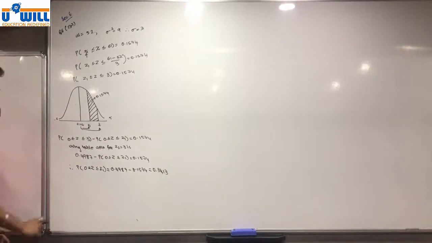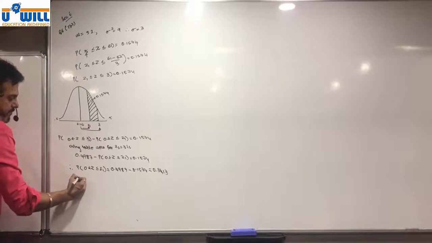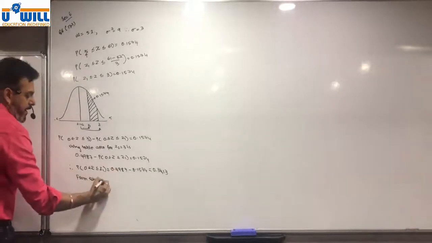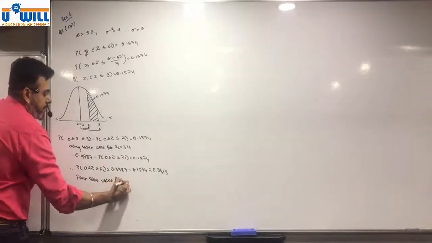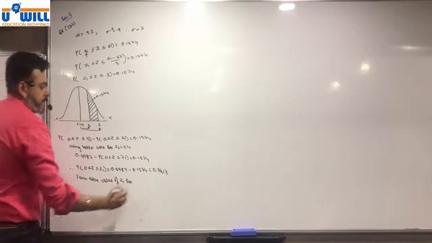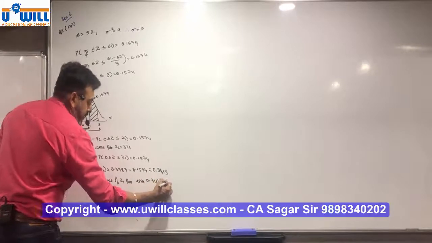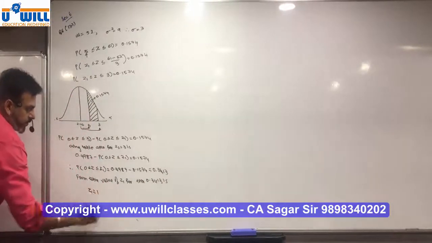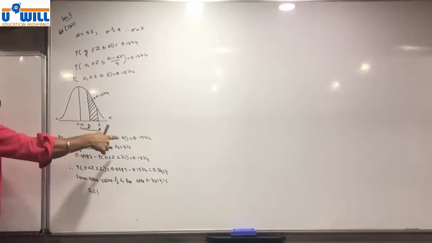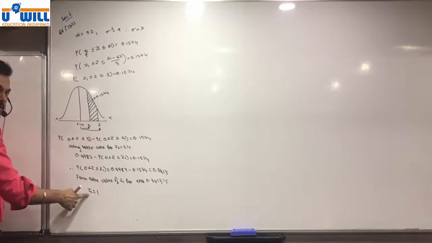Okay. So from table, value of z1 for area 0.3413 is z1 equal to 1, positive because it's on the right hand side. So we got z1.